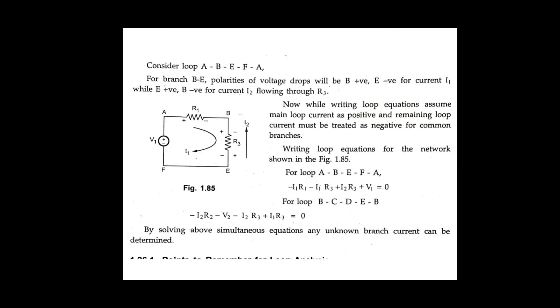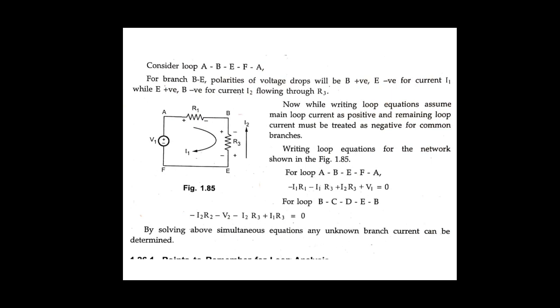Okay, here we are solving the equations. So consider loop A, B, E, F, A. It is one loop. First we have to consider the polarities. The polarity of the voltage source is already given, plus, minus.